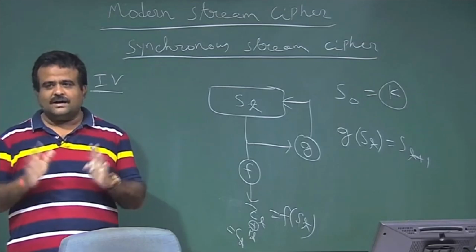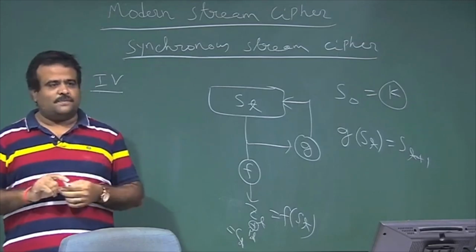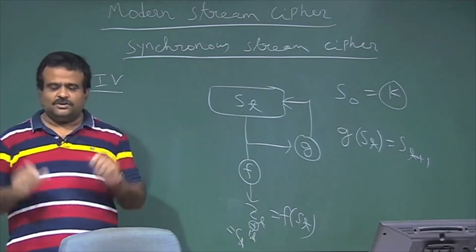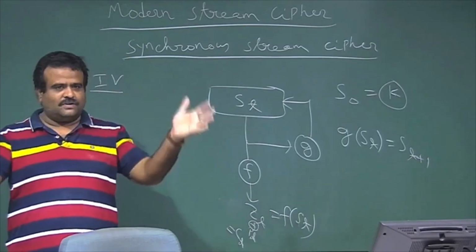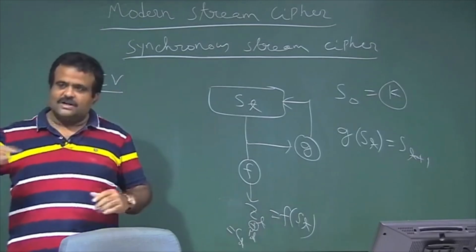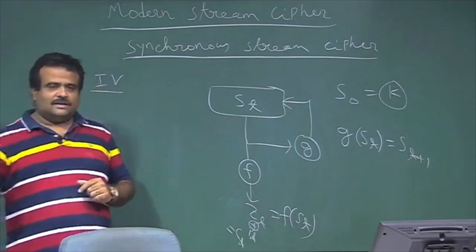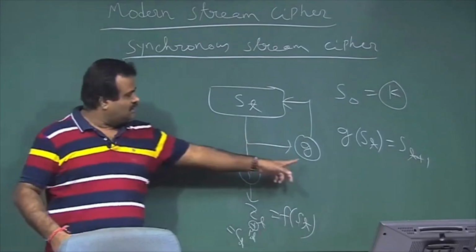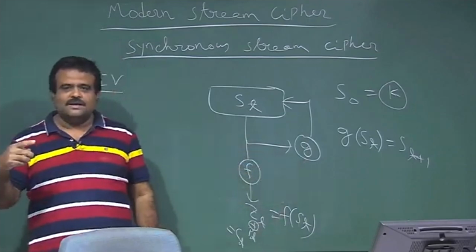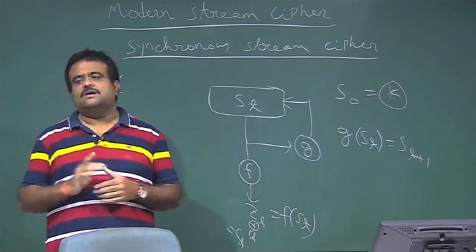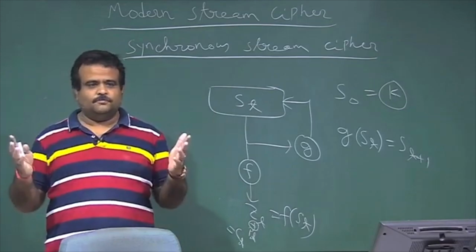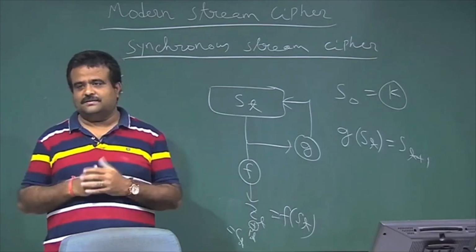Every modern stream cipher has this IV, and we put this IV along with the key into the state, and then we run this G, the state update function, some number of times, and then we reach the initial state.